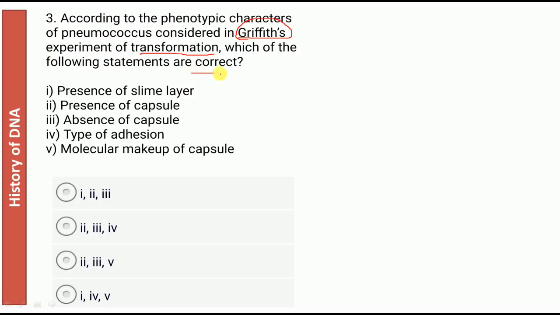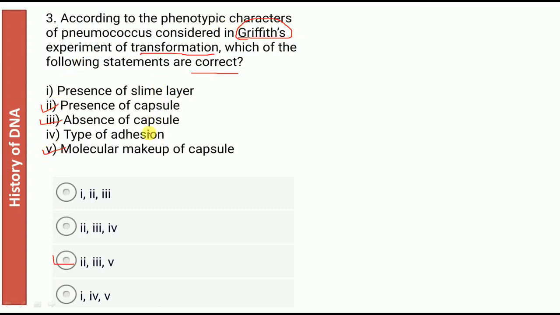Which of the following statements are correct? You have to choose the correct statements from the following. The correct answer is option C. This one is the correct option, this one is the correct option, and the fifth one is the correct option.